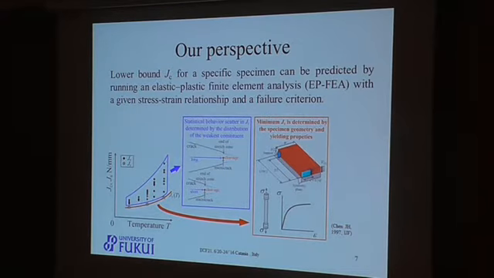We interpreted Chen et al.'s opinion as meaning that, at least, the lower bound fracture toughness can be predicted by running an elastic plastic finite element analysis, EPFEA, with a given stress-strain relationship and a failure criterion.